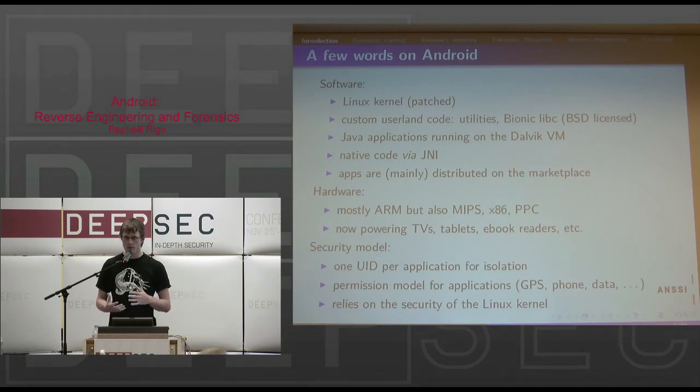So this model is really interesting. But in fine, everything relies on the Linux kernel for security. If you have a vulnerability in the Linux kernel that allows you to run as root, then everything falls down. And the Linux kernel is not really well known for its perfect security record.